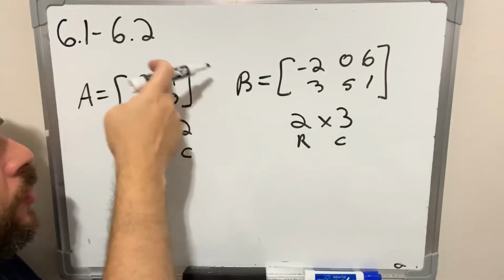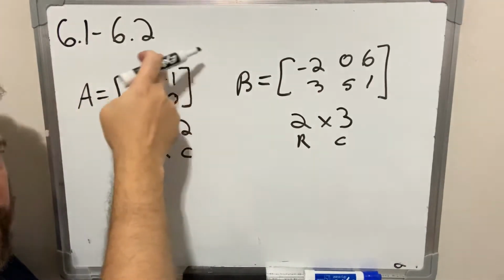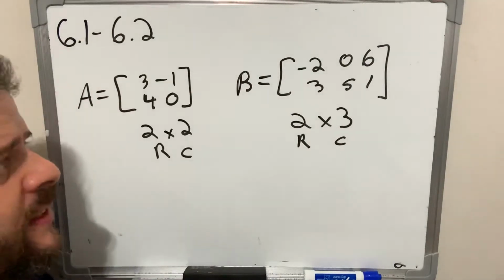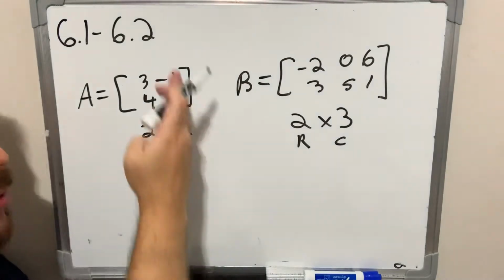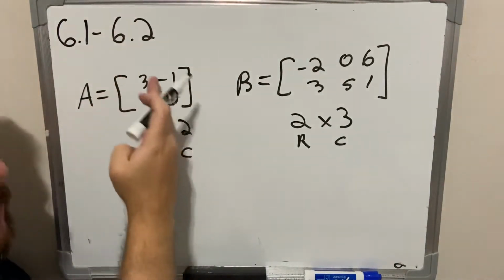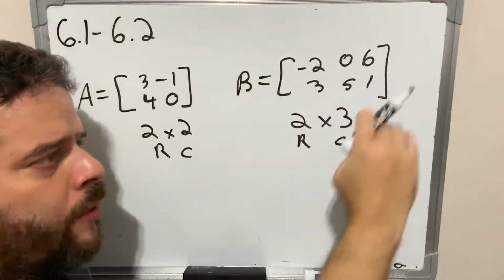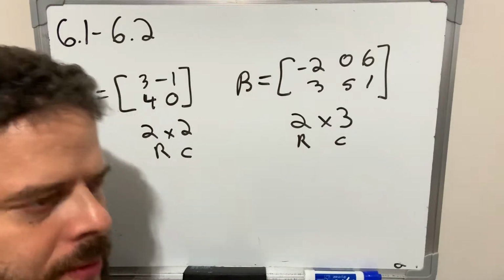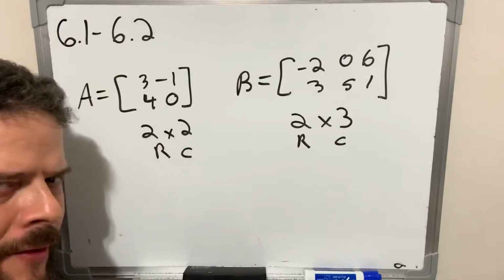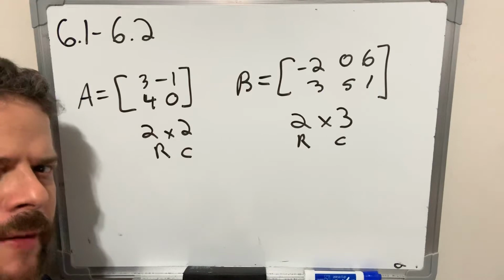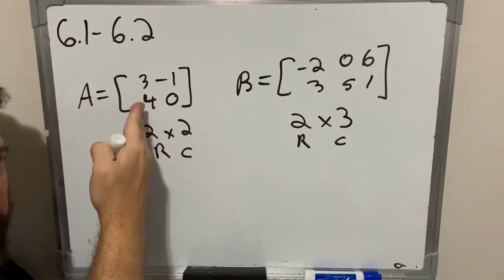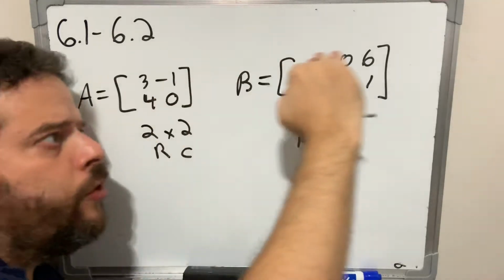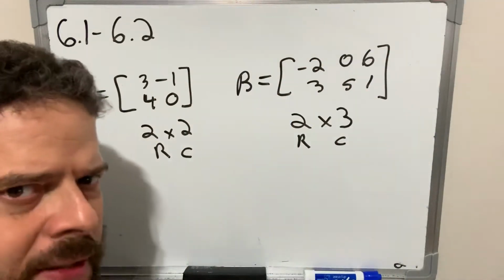I have 2 columns in my first matrix, and that 2 must equal the rows in the second matrix. Let me be very clear: the columns of the first matrix must be equal in number to the rows of the second matrix.